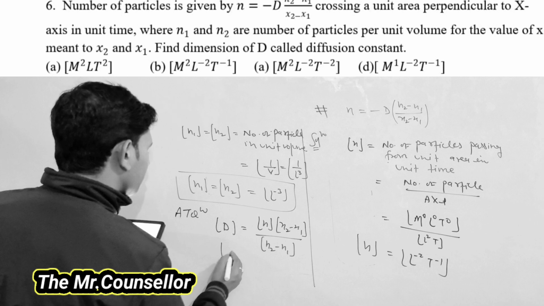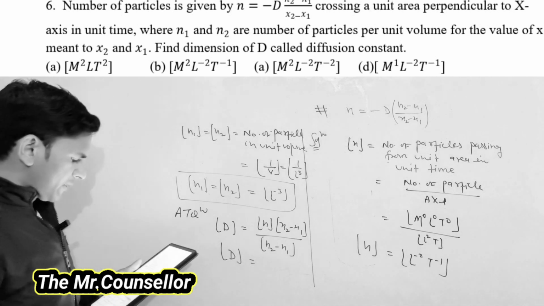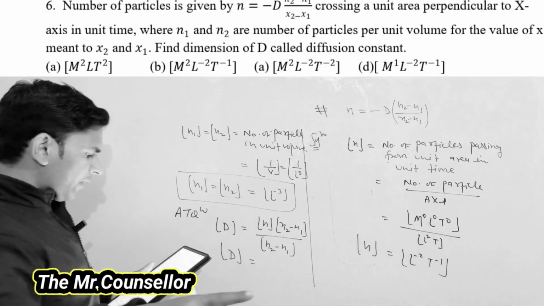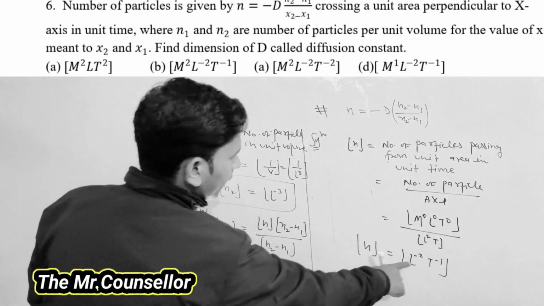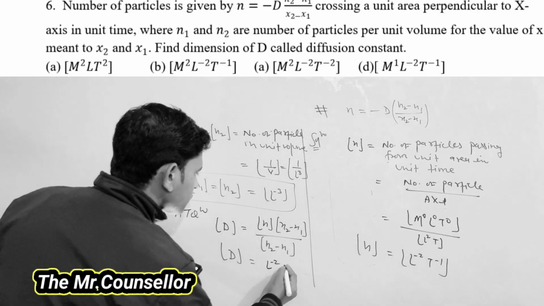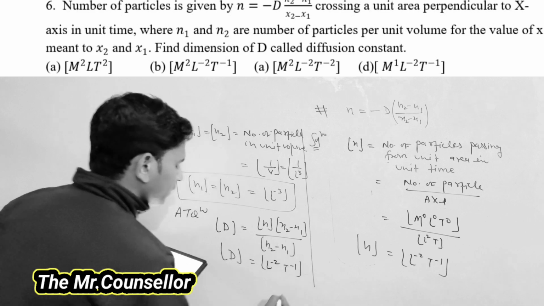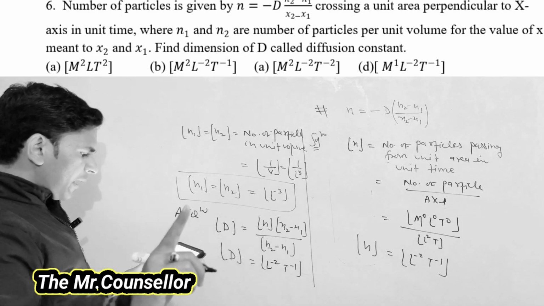Now you can place the values. The dimensional formula of capital D is equal to the value of n, which you got as L⁻²T⁻¹.